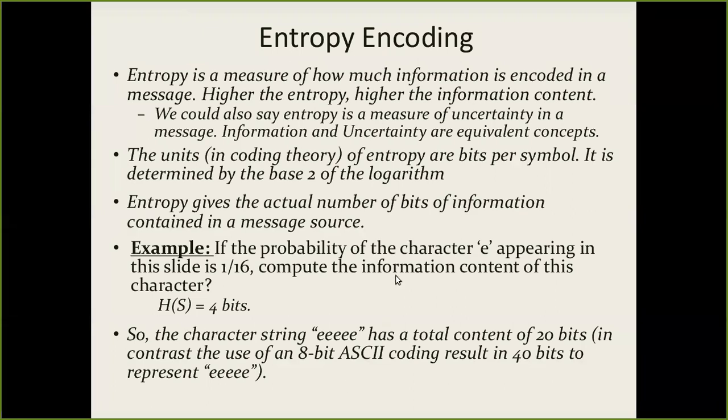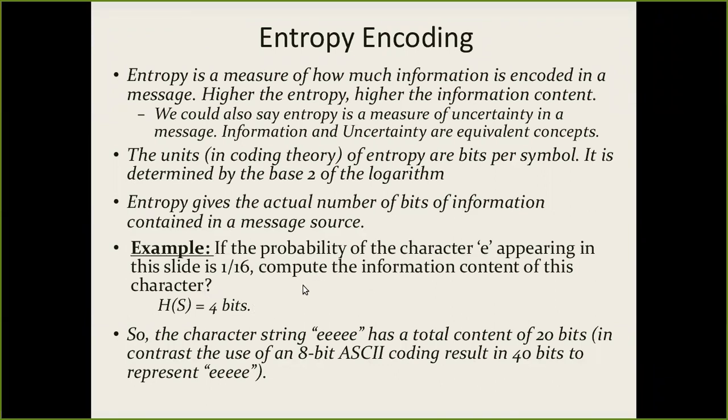For instance, if the probability of occurrence of the character E in this slide is 1 over 16, what is the information content of symbol E? The logarithm of 1 over 16 to the base 2. That means the logarithm of 1 over 1 over 16 to the base 2 is the logarithm of 16 to the base 2. 16 means 2 to the power of 4.